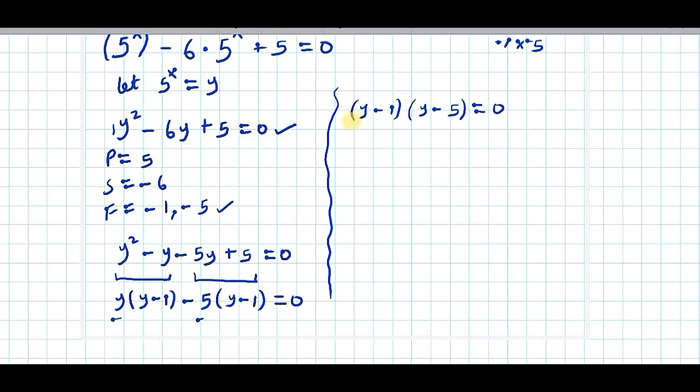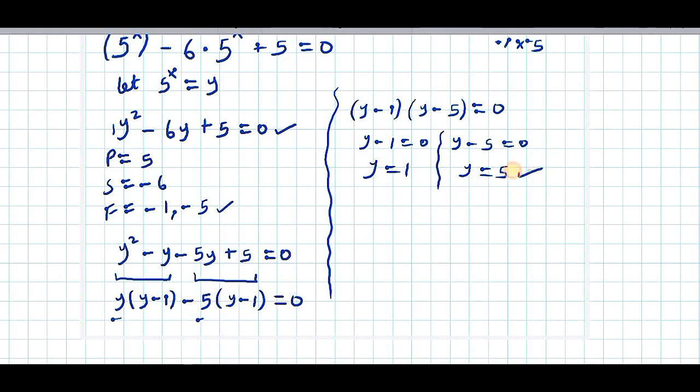From here we can say y minus 1 is equal to 0, and therefore y is 1. And also we can say for the other part, y minus 5 is 0, and that implies y is 5.